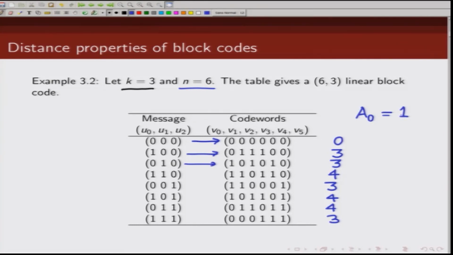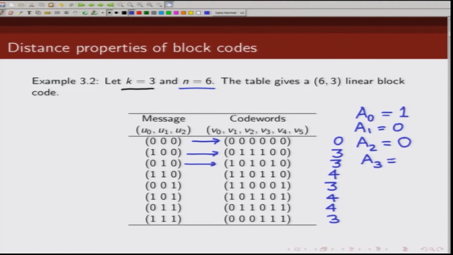Do we have any code word with Hamming weight 1? No. So, A1 is going to be 0. What about A2? How many code words do we have with Hamming weight 2? Again that is 0.